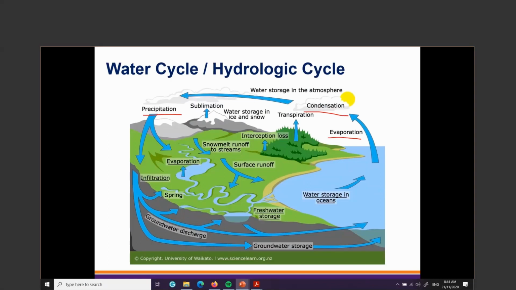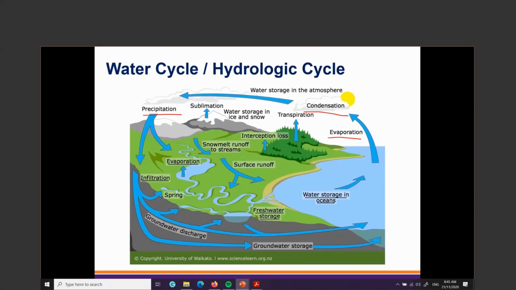Here the sun provides energy for the water to evaporate into a gaseous state, and then as it cools down, the water becomes liquid again, and it condenses on dust particles in the air, and then it forms cloud.